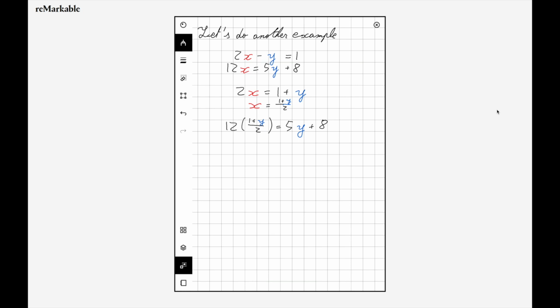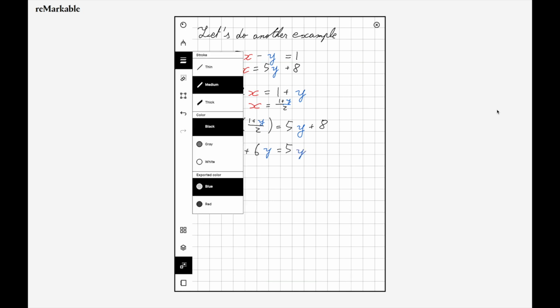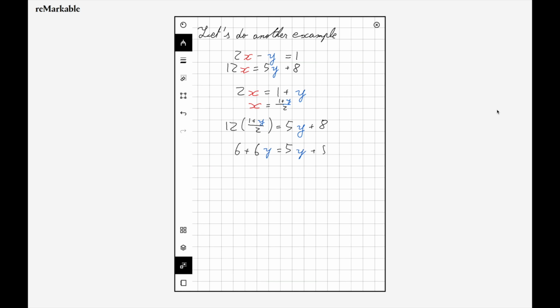Perfect. Let's multiply this 12. The 12 and 2 cancel to make 6 times (1 plus y), so 6 plus 6y is equal to 5y plus 8.